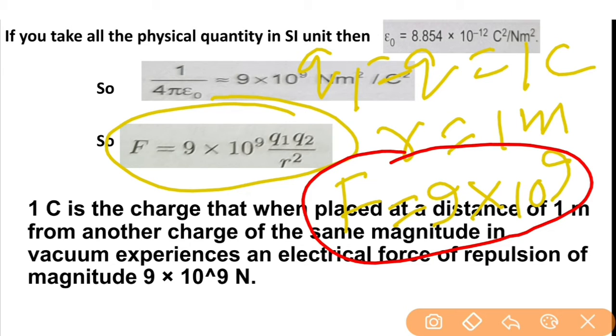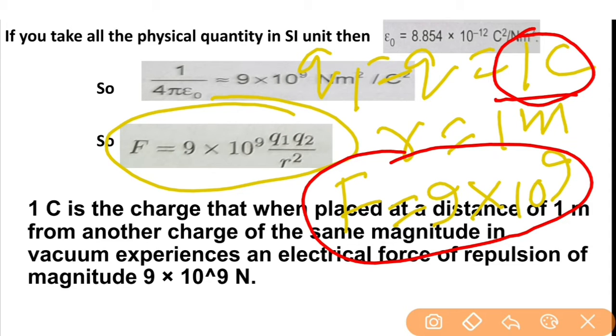So we can get the definition of 1 Coulomb charge. 1 Coulomb is the charge that, when placed at a distance of 1 meter from another charge of the same magnitude in vacuum, experiences an electrical force of repulsion or attraction. Here we get repulsion because the charges have the same sign.